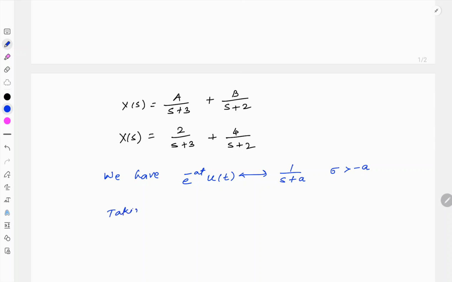so taking inverse Laplace transform on both sides, we get x of s, its inverse will be x of t equal to this value 2 upon s plus 3.